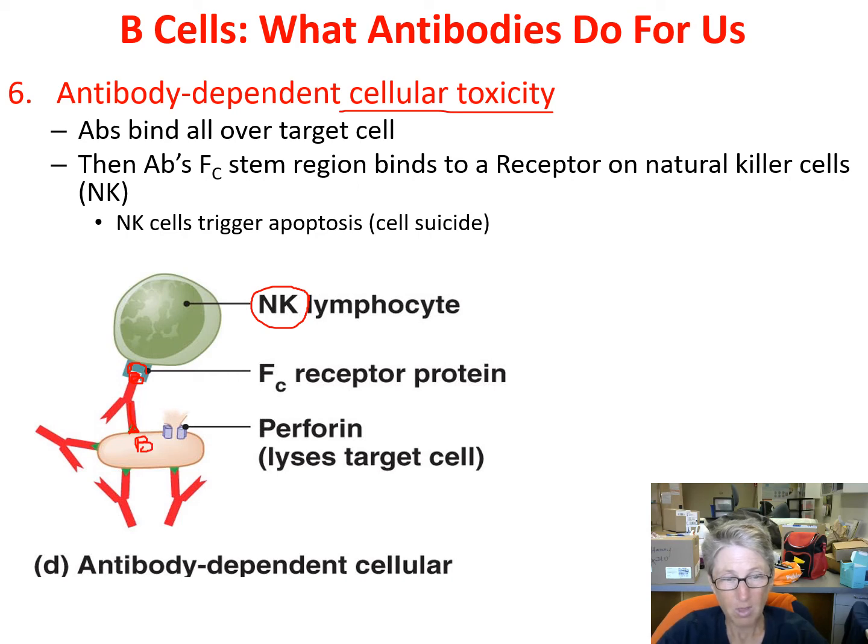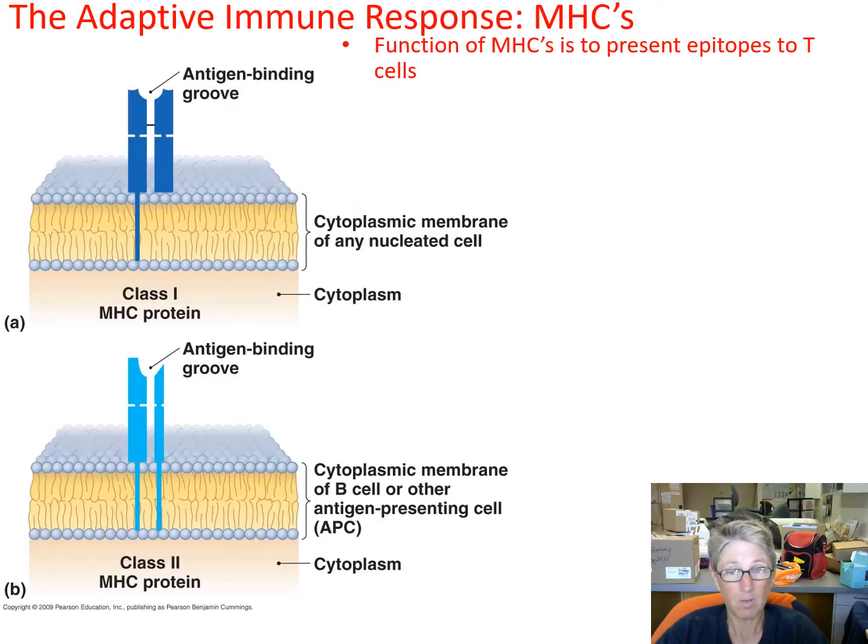So when you get this link up, then this NK cell gets activated, and it can cause these perforin molecules to form a hole in the bacteria, and it lyses the bacteria. And once these perforins are there to poke a hole, then the NK cell can also pour in this molecule, called granzyme, and then granzyme triggers the bacterial cell to do apoptosis or cell suicide.